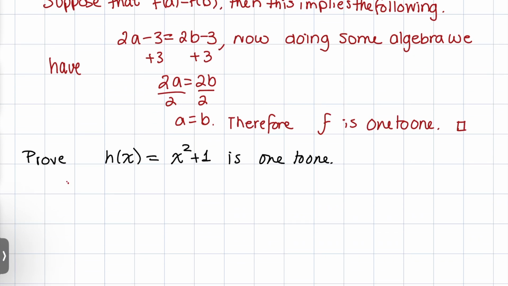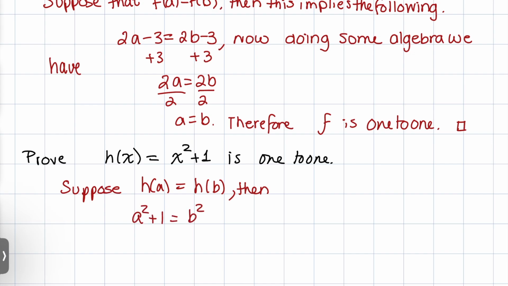So we say, suppose, now you could also say let, assume, say, whatever you want to say. It really doesn't matter. So suppose h of A equals h of B. Then a squared plus 1 equals b squared plus 1.